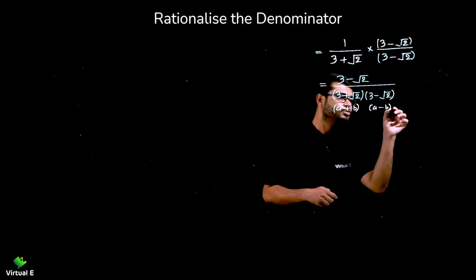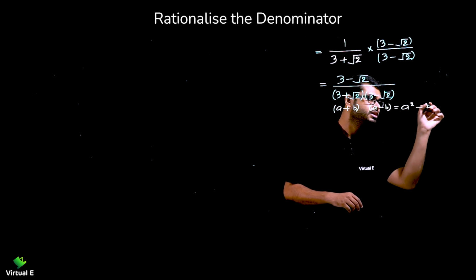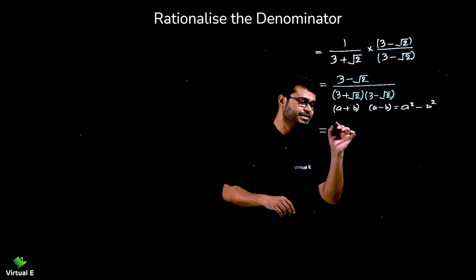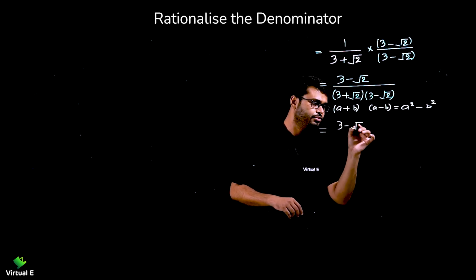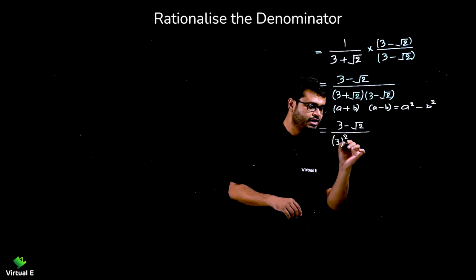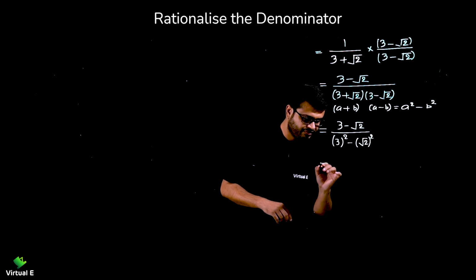So what's the solution for that identity? Sorry, that is a square minus b square, right? So the same we are going to write: numerator as it is, that is 3 minus root 2, and the denominator we can write that is 3 square minus root 2 square. Let's simplify further.